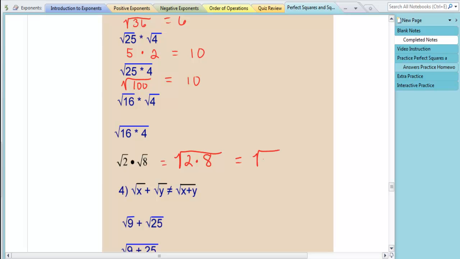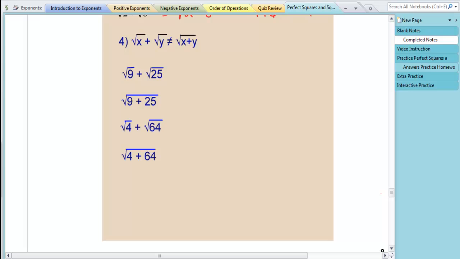We end up with the square root of 16, which we can take the square root of, which is 4. So now you can see where it comes in handy to understand that you can multiply first or you can take the square root first, whichever is easier. And like in the previous problem, maybe you don't know what 16 times 4 is. That's okay. You can take the square root of 16 and square root of 4 and then multiply.